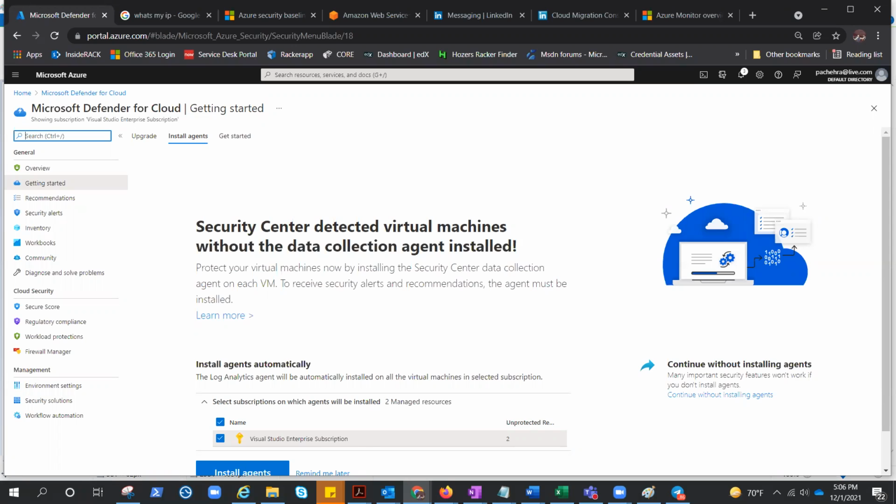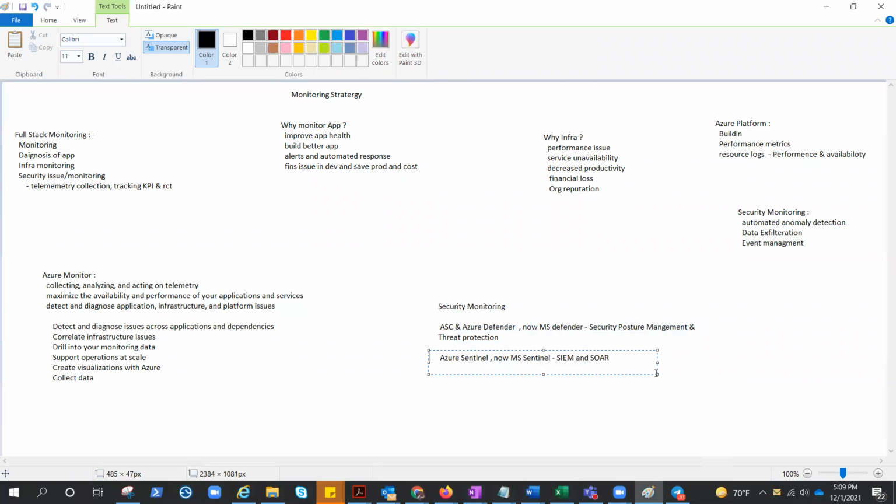But right now, it's time to talk about Azure Sentinel a little bit. Azure Sentinel is now called MS Sentinel, just like Azure Security Center and Azure Defender we just talked about. MS Sentinel is a scalable cloud-native SIEM and SOAR. What is SIEM?